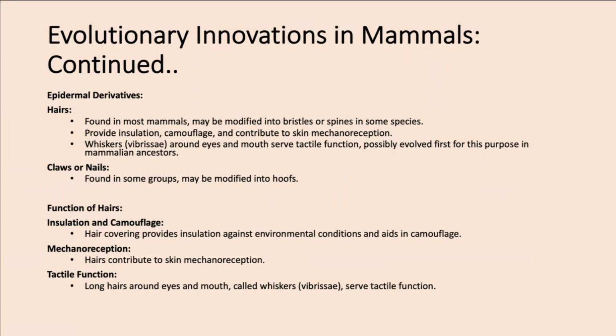Does anybody know what mechanoreception is? Or any guesses as to what mechanoreception would be? If we said that it's something that the hairs are helping with in the skin. Is it receptors for stimuli? Yes, it is. But what type of stimuli? External?